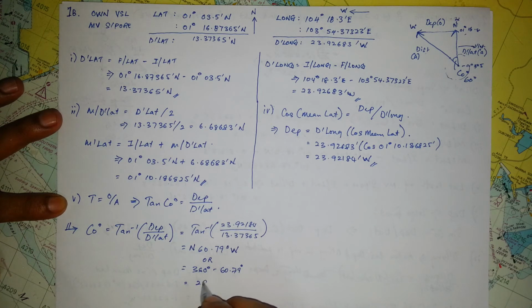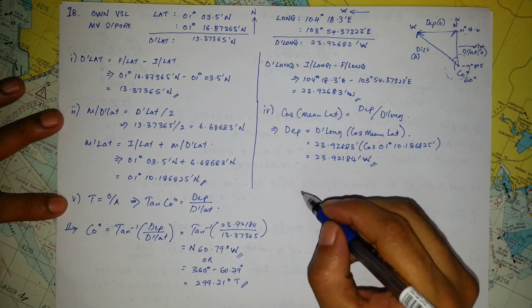So we have 299.21 degrees true. So this is your course. And now we need to find the distance.